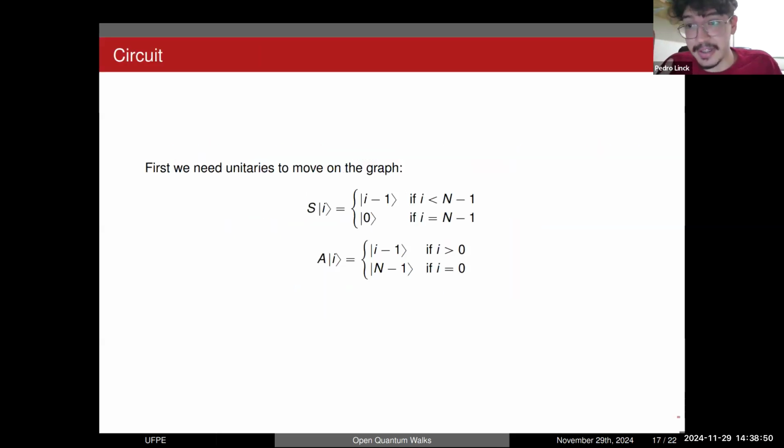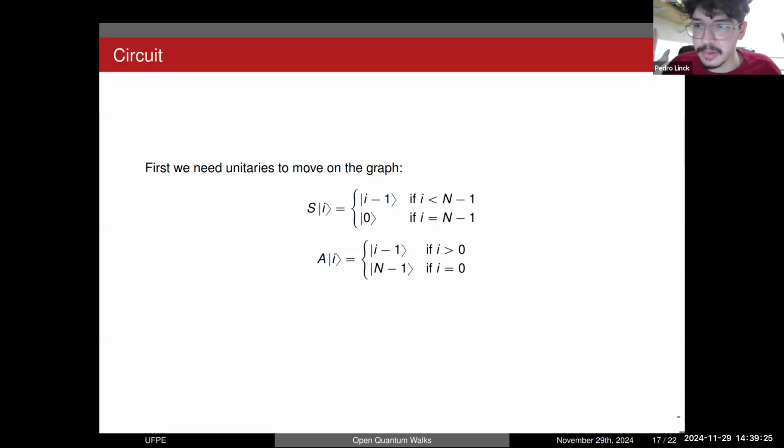We need first two unitaries to control the state. So S and A are for successor and antecessor. There is a problem here: S applied on I is I plus 1, not I minus 1. The successor makes you jump to the right, and when you are on the last node, you cannot jump to the right anymore, so you go back to 0.